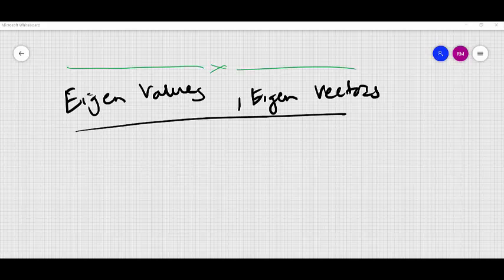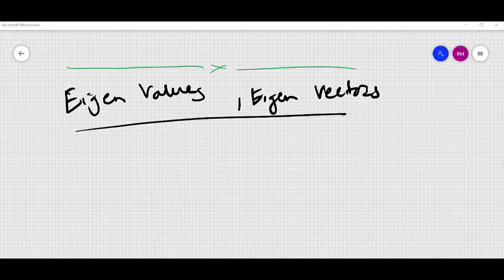Eigenvalues are useful in engineering and physics, they make up a beautiful concept.